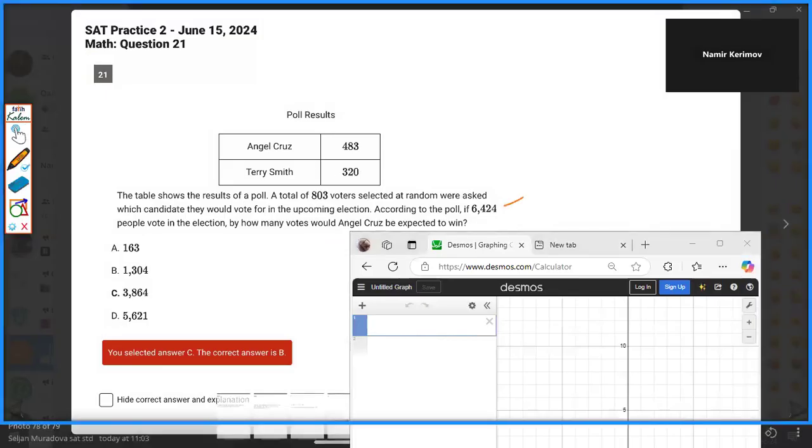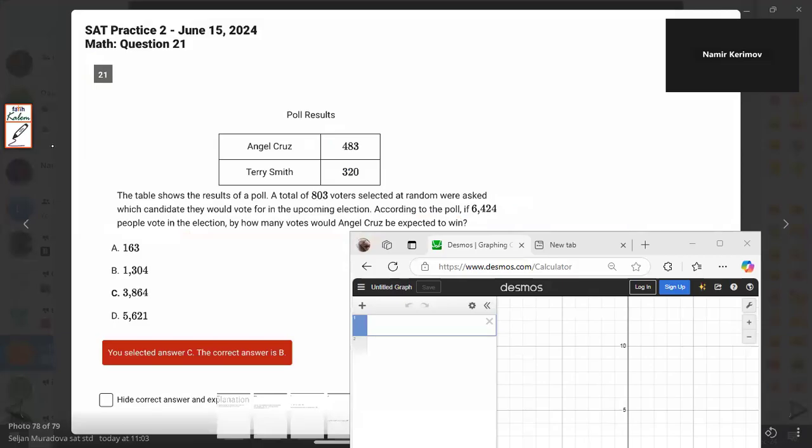It says 6,424 people vote in the election. By how many votes is that candidate expected to win? So we should find the number of votes, and then you can compare.